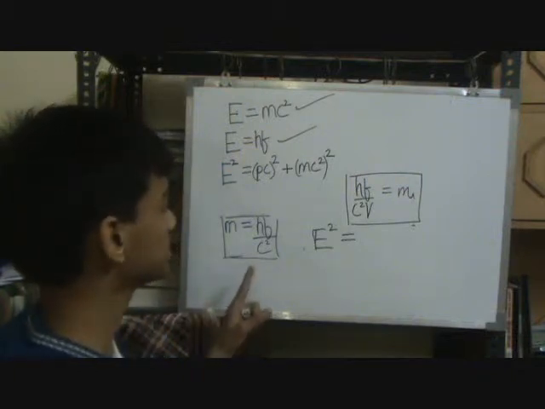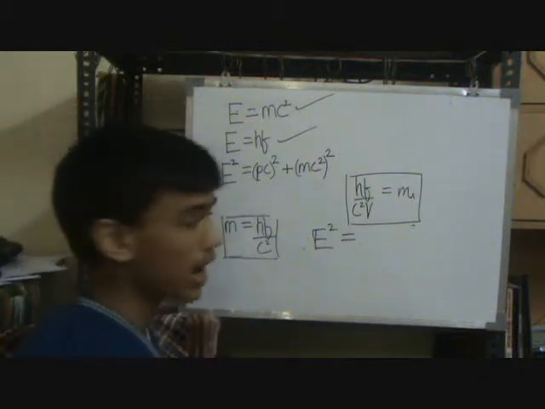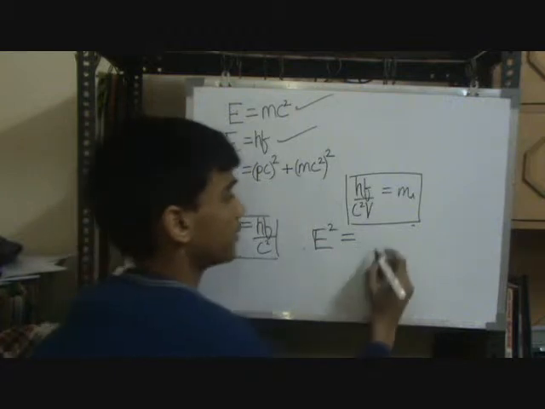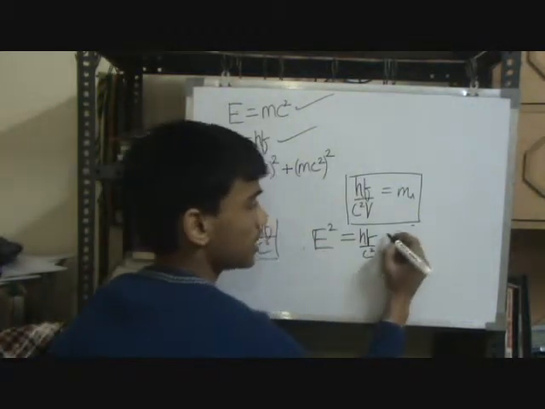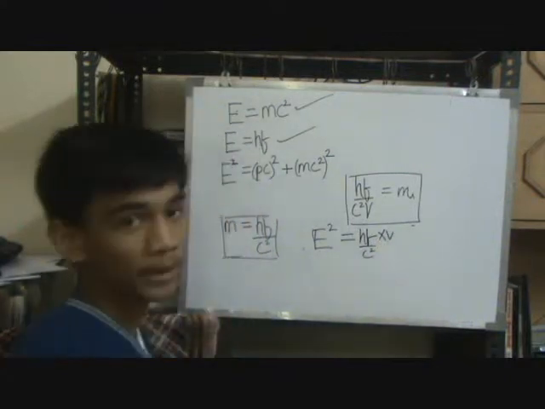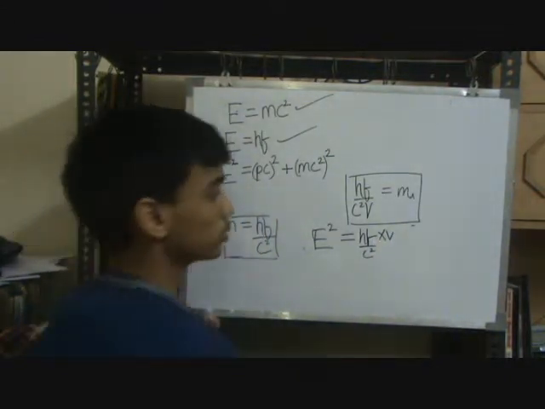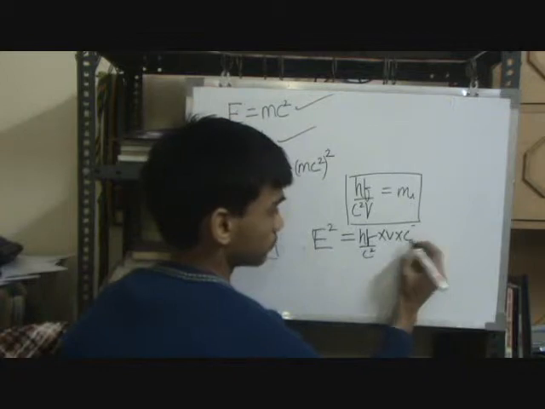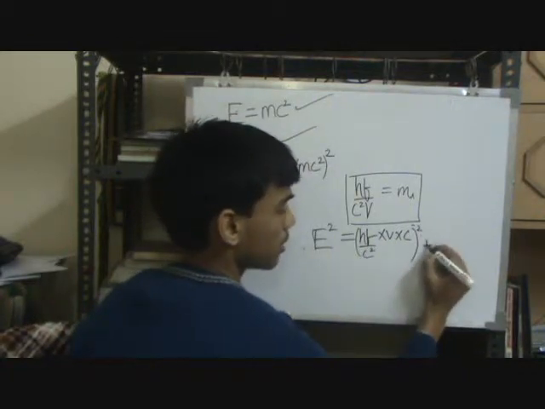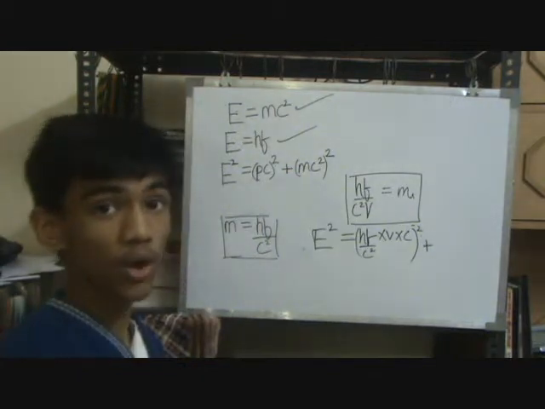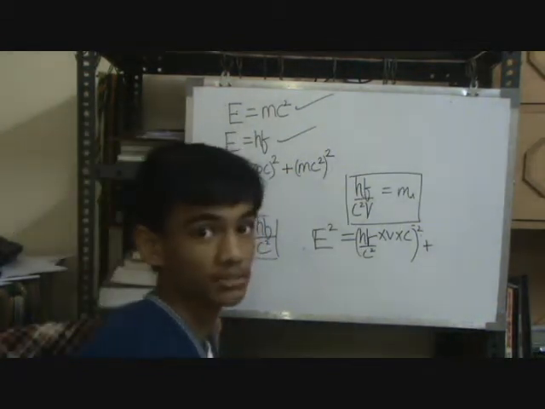Its relativistic mass is hf by c square. Now its velocity is v. Therefore it becomes hf by c square into v. This is its momentum into c whole square, plus (mc square) whole square. m is the rest mass.